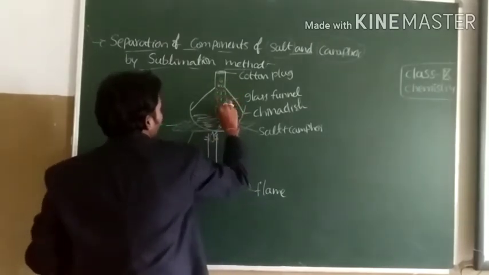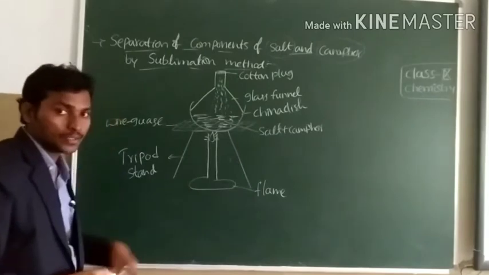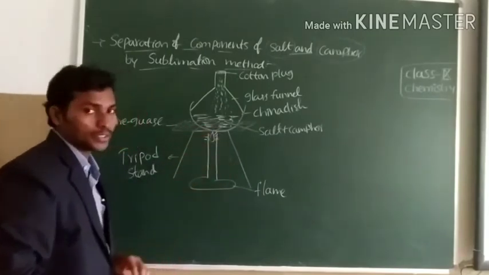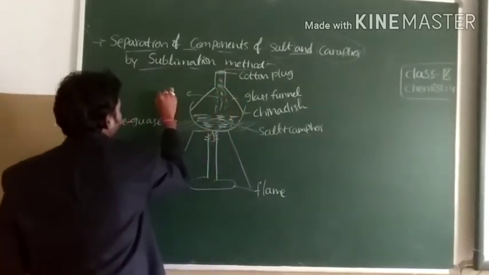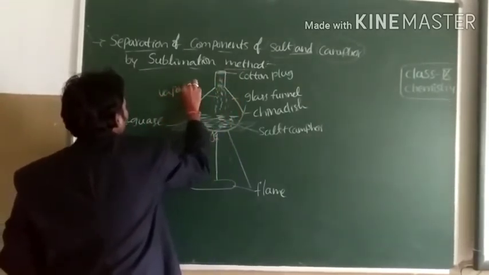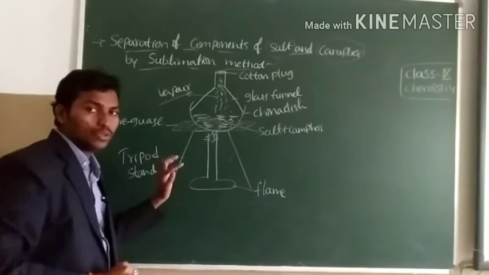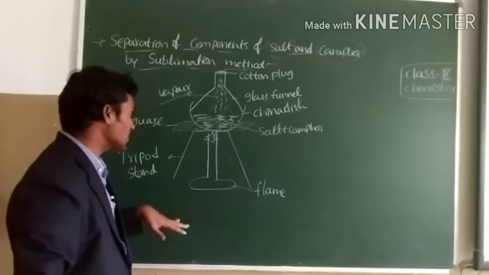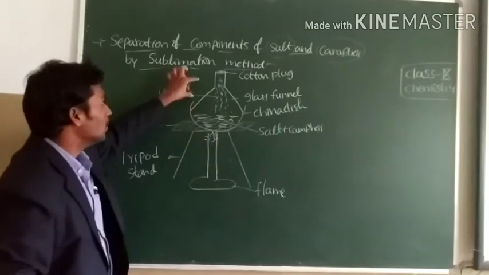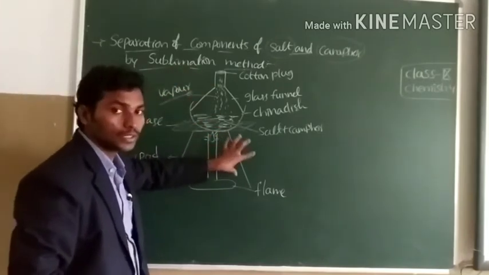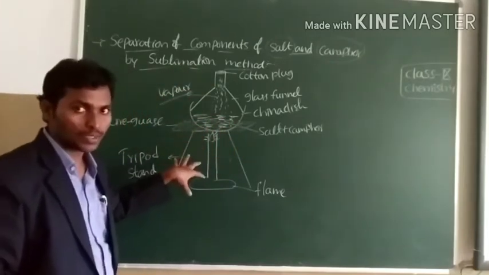So you notice these vapors in the china dish on heating the mixture. Now on cooling, when we put out the flame, the mixture is allowed to cool for some time.